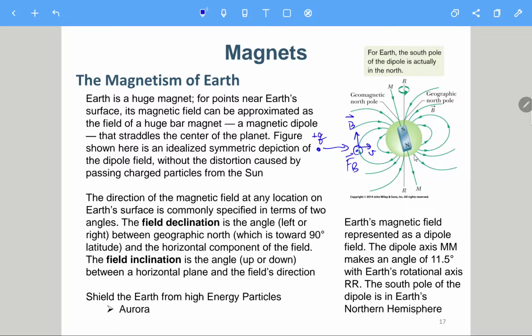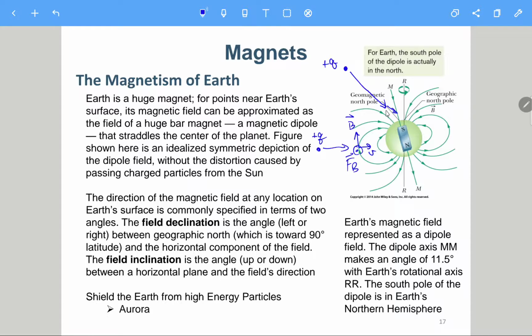But if you are at a place where your latitude is high, near the North Pole or the South Pole, suppose you have a charged particle at this point going to the Earth. You can imagine the magnetic field is in a direction similar to the velocity.